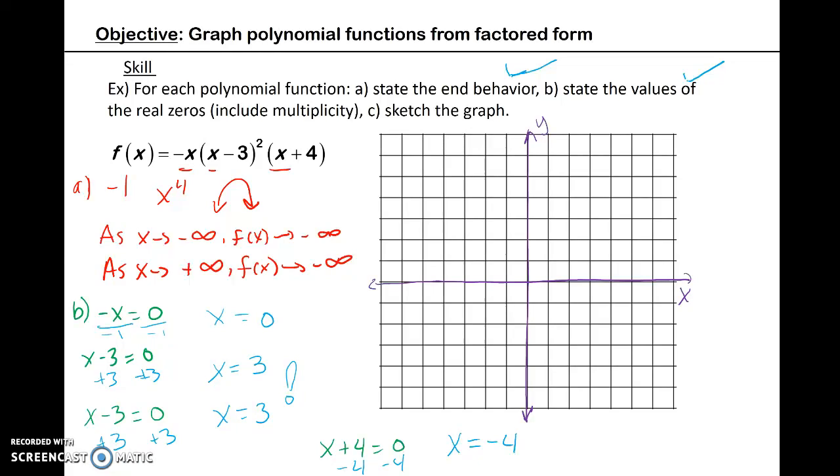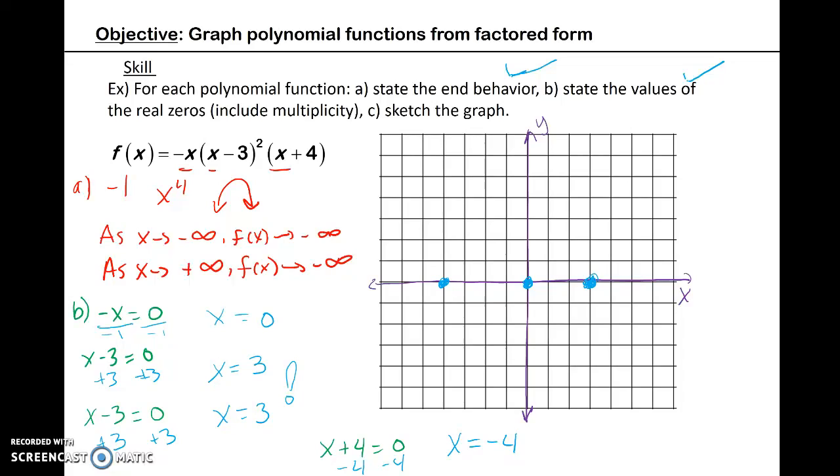So I have a 0 at 0. I have a 0 at -4. 1, 2, 3, 4. And I have a 0 at 3, and this has multiplicity. So that'll be important when we start graphing.